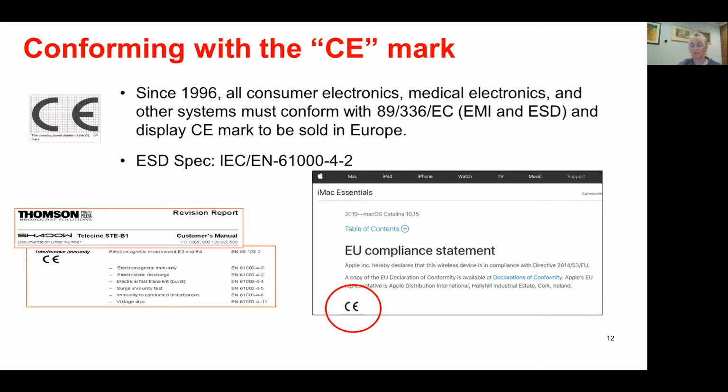And those compliance standards also include ESD immunity. So we know that if we see the CE mark, for example, this is just one example of a compliance mark, that it has already passed the required immunity standards, so that we don't have to worry about wearing a wrist strap when we answer our cell phone, to put things simply.